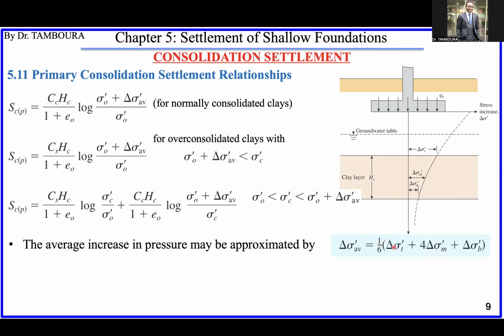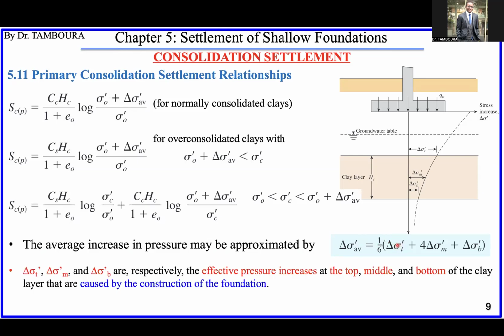Use this one, sigma delta T. So this sigma delta T, sigma delta M and sigma delta B are the effective pressure increase at the top, this one, top, middle, and the bottom here of the clay.